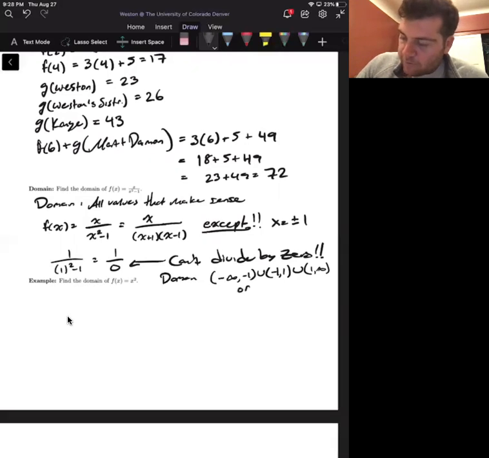Or x doesn't equal plus or minus 1, or we could have all the real numbers minus plus or minus 1. Lots of different ways to do it. The fact of the matter is you just want to get the point across that plus or minus 1 is not in your domain.